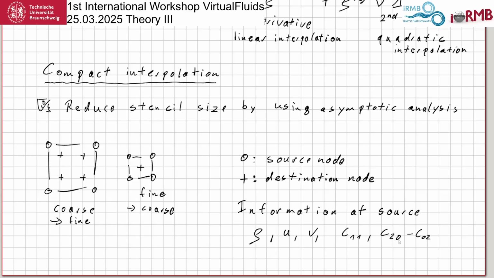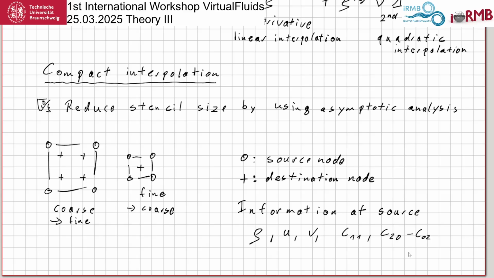Because we are assuming incompressibility. They are C110, C101, C011. And then there is C200 minus C020, and then there is C200 minus C002, and not using the trace.